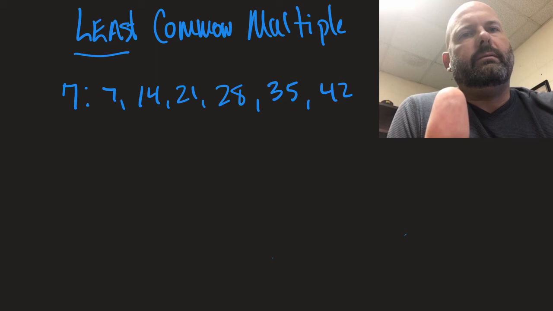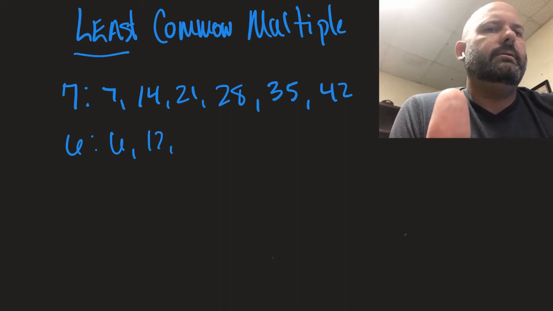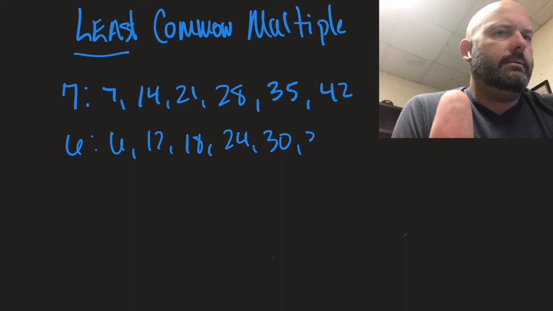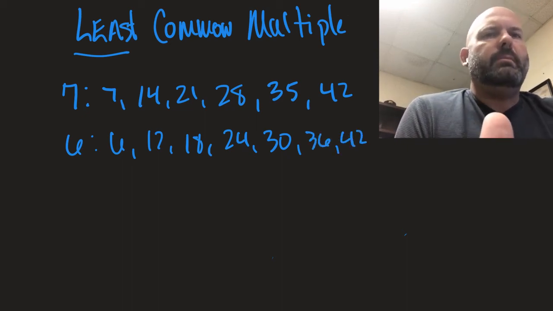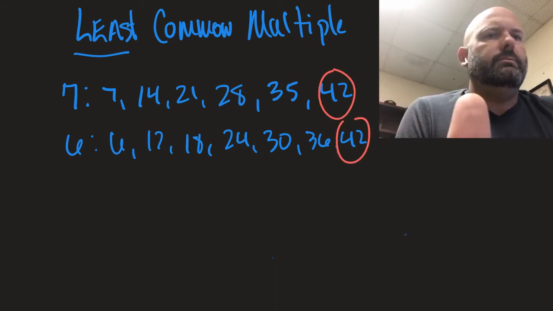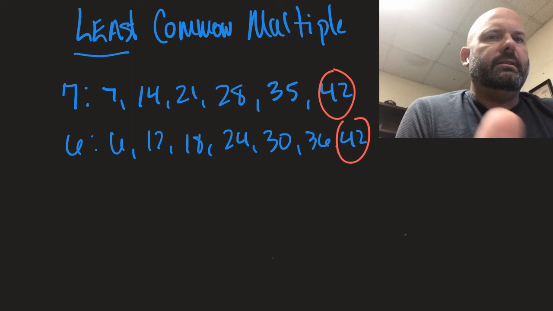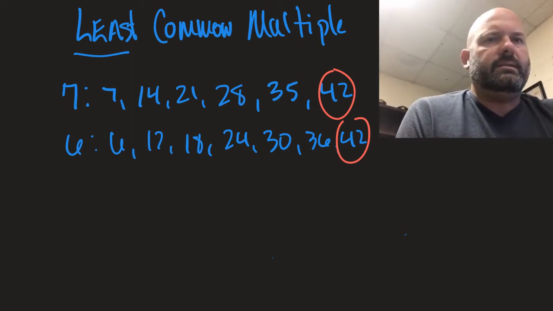And then if I'm listing the multiples of, let's say, 6: 6, 12, 18, 24, 30, 36, 42. So if I'm trying to find the least common multiple between 7 and 6, then I would just look at my list here, and I would say, well, that is 42. The number that is in common and has the lowest value, right?